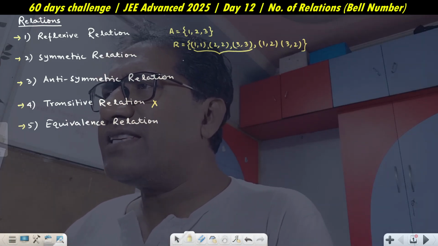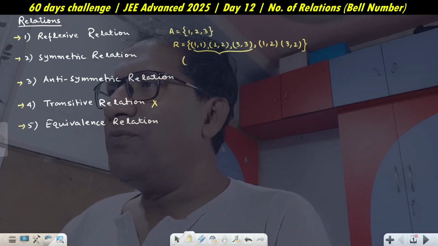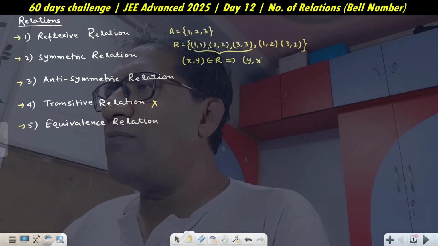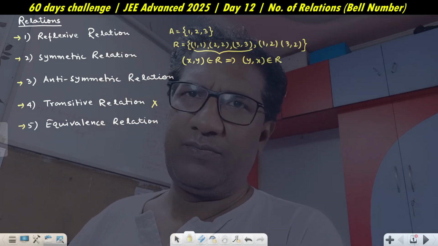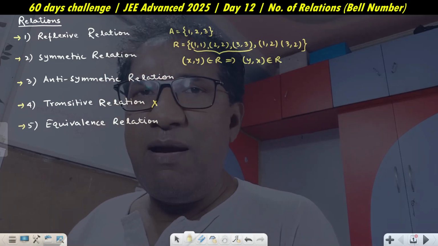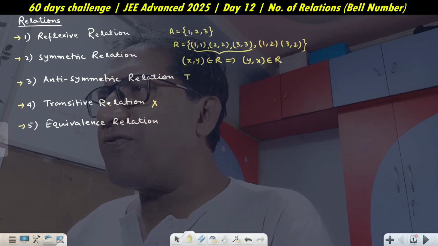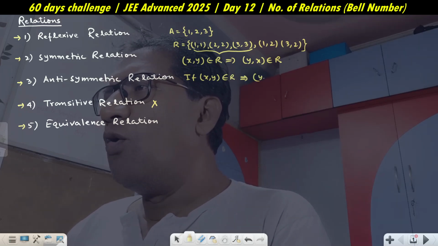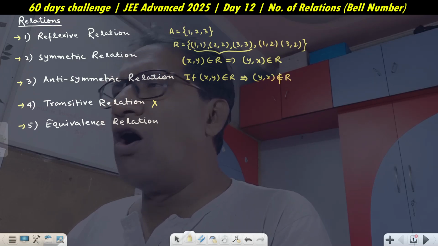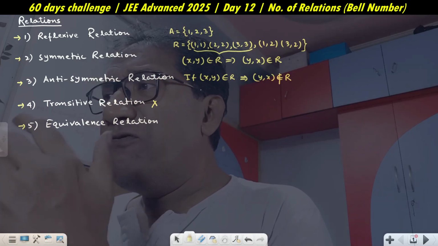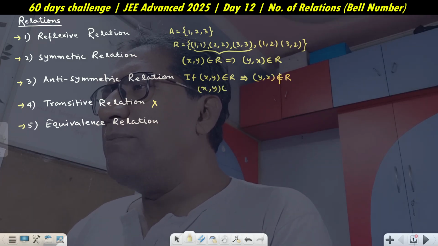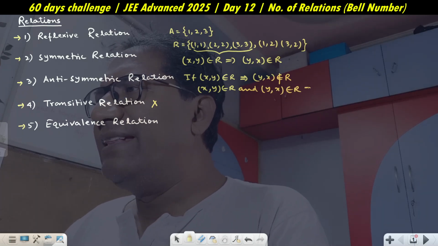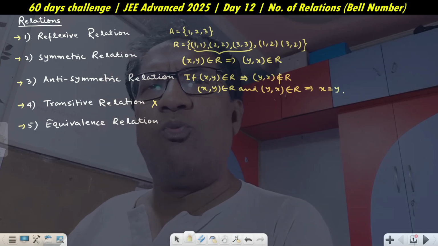This we know. Next, what is a symmetric relation? If any ordered pair (x, y) is in R, that implies (y, x) will also be in R. Okay? What is an anti-symmetric relation? It states that if (x, y) belongs to R, then (y, x) does not belong to R. And if at all (x, y) belongs to R and (y, x) belongs to R, then this implies x will be equal to y.